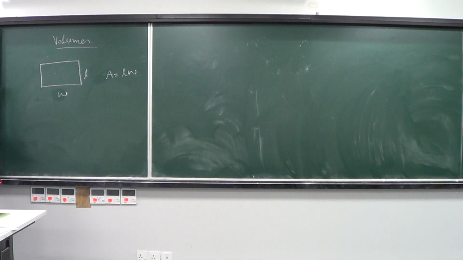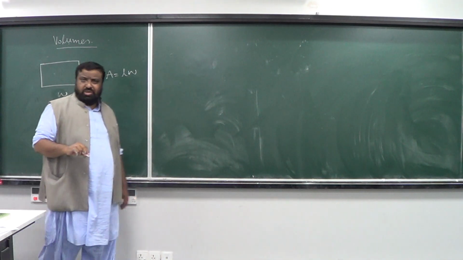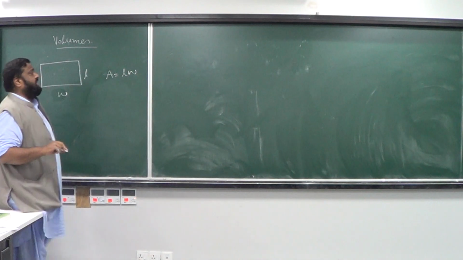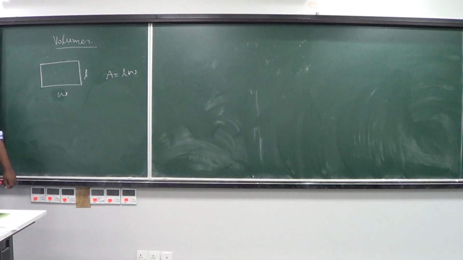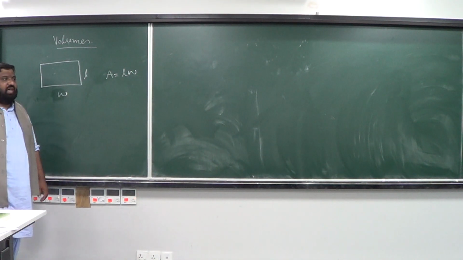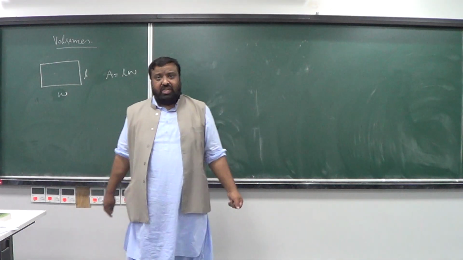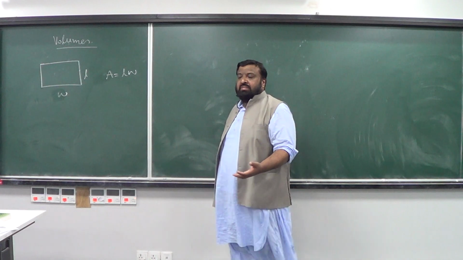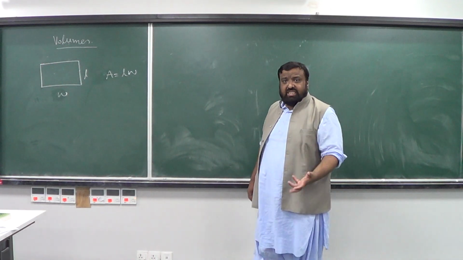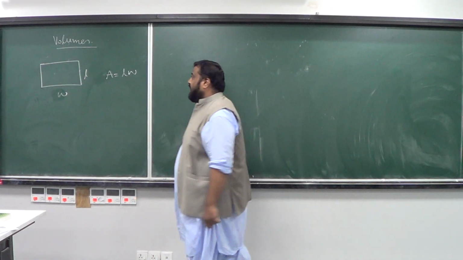But the question is, why is it length multiplied by width? Most of the time we treat this as a basic given fact. Does it have an intuition? The answer is yes, it does. So what is that intuition?